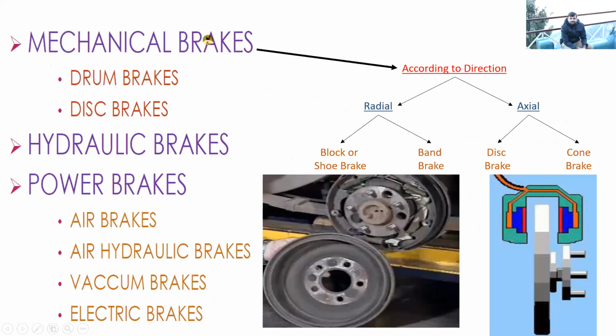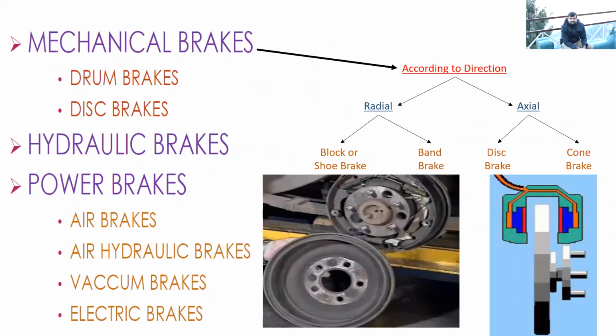Now let's see the classification of the brakes. There are basically three types of brakes, that are mechanical brakes, hydraulic brakes, and power brakes. Okay, in mechanical brakes, one classification says that there are only two types, that is drum brake and disc brake. But going further, we can see that they can be classified according to the direction in which force is applied.